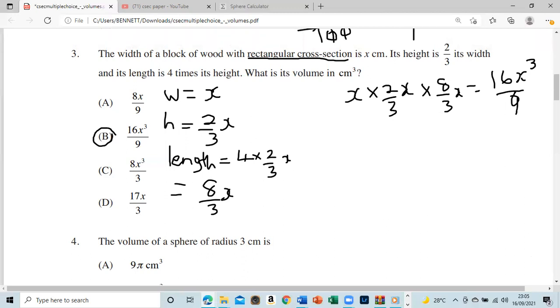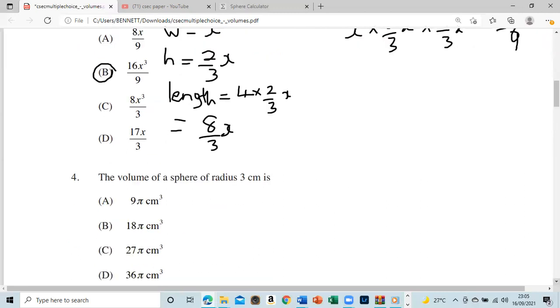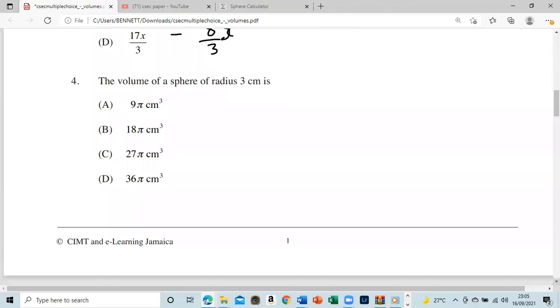Let's move on to number 4 and see what they are saying. Alright, so they said the volume of a sphere of radius 3 centimeter is. So first of all, guys, we need to know the formula for a sphere. Find the volume, right?